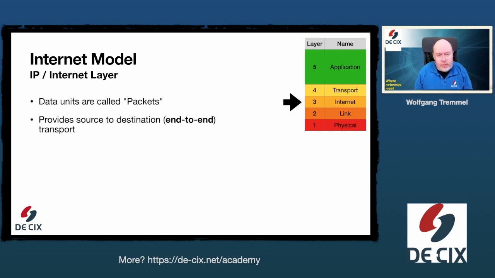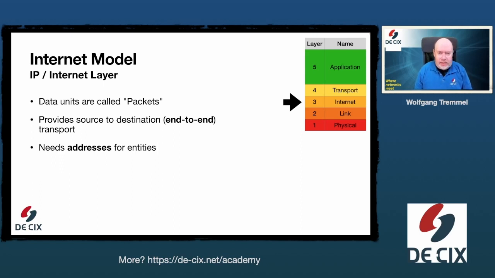And the purpose of layer 3 is, of course, to provide source to destination, so end-to-end transport. And of course, for this, we need addresses. Addresses for your computer, your smartphone, your watch, whatever participates in the internet needs to have an IP address.